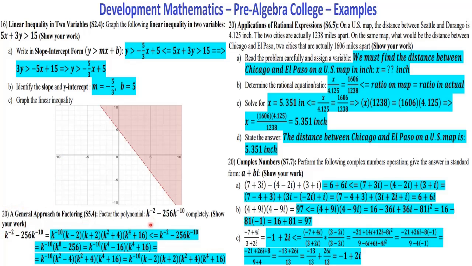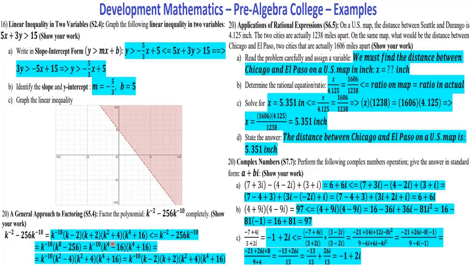Then here, if you want to factor k to the minus 2, 56k to the minus 10 completely, so you factor out the smallest power, which is k to the minus 10. You factor that, then what is left is k to the 8 minus 256, so that can be factored k to the 4 minus 16, k to the 4 plus 16.